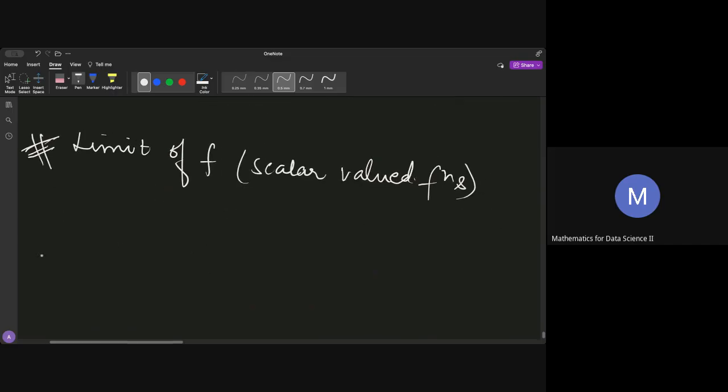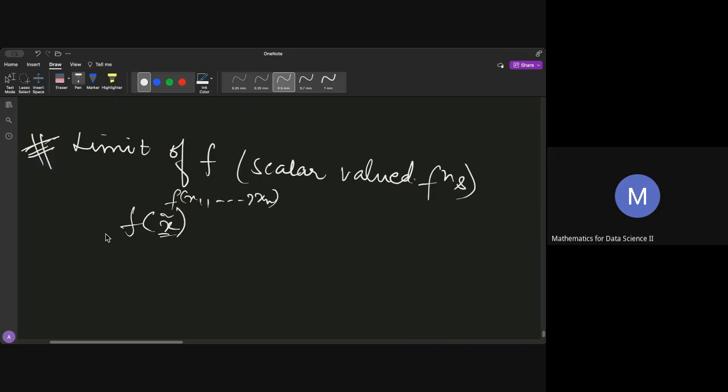So let's say I talk about the limit of f. It's the same thing. If I have f(x tilde) and I'm taking it to be a multivariable function, because you already know how to deal with a one variable function, so we're not going to talk about those. I'm talking about a multivariable function of the form f(x1, and so on till xn).